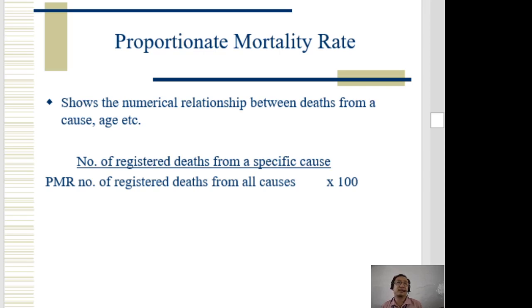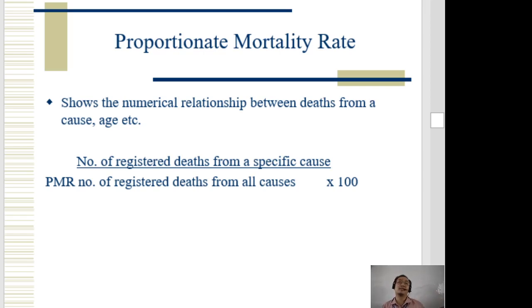Okay, so it's somewhat similar to your crude death rate, but we are talking about the proportion here of a certain death among all the number of deaths. For example, the total number of deaths is 100%.